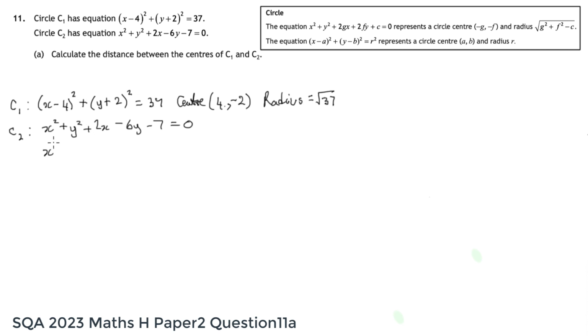We could really undo this and get back to this squared form. If we isolate the x terms and the y terms and the constant, then we can say, what did we square to get x squared plus 2x? Well, half this, x plus 1.